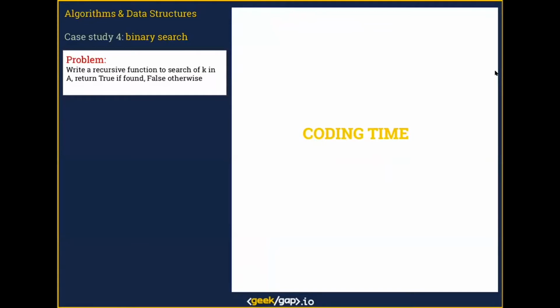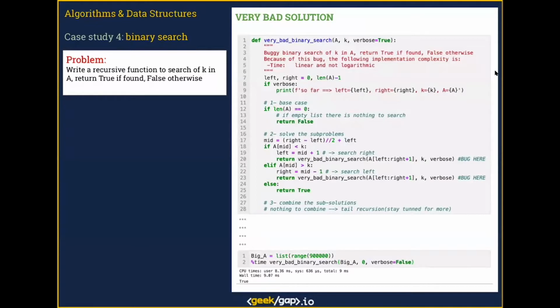We have had the coding time for binary search. Now, like we discussed, we saw the very bad approach, and this was the problem maker here, because this is creating a copy. It's actually bad time and memory wise.